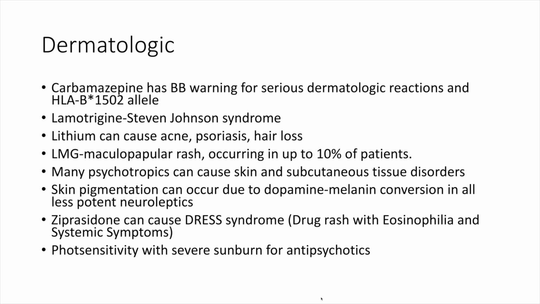And we see this allele most often in, I believe, some subgroup of an Asian population. Then there's lamotrigine, which has to be dosed really carefully and really slowly. We have to start slow and work our way up.